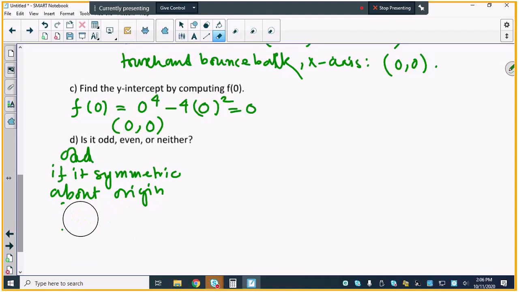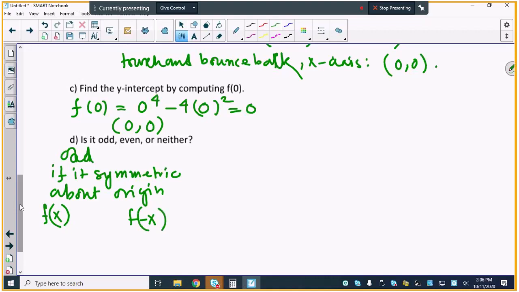So let's try to write it a little more precisely. If you change the input from positive to negative and then evaluate the output, then the output of these two will be same in value, but they will be negative of each other. So minus f of x is f of negative x.